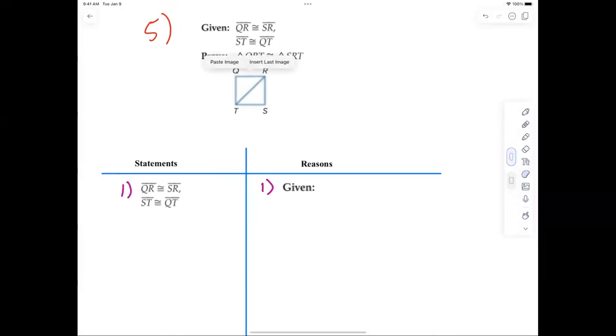QR is congruent to what? SR. And ST is congruent to what? QT. Yeah, QT.